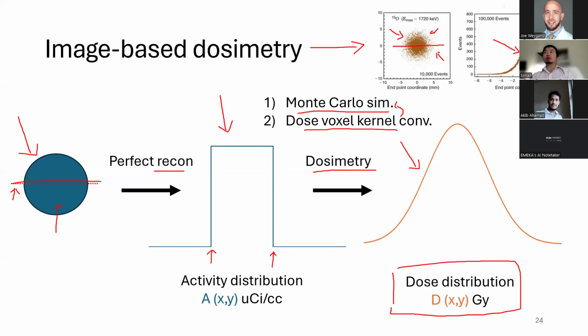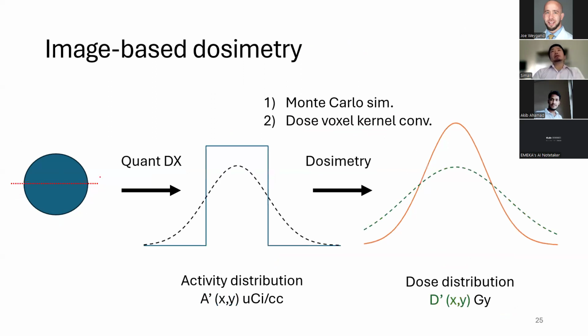And again, the activity is at the center. So in other words, for both positron, and in this case we're more interested in the electron, when it deposits its energy, there's distal energy deposition, and that's what creates this blurring.